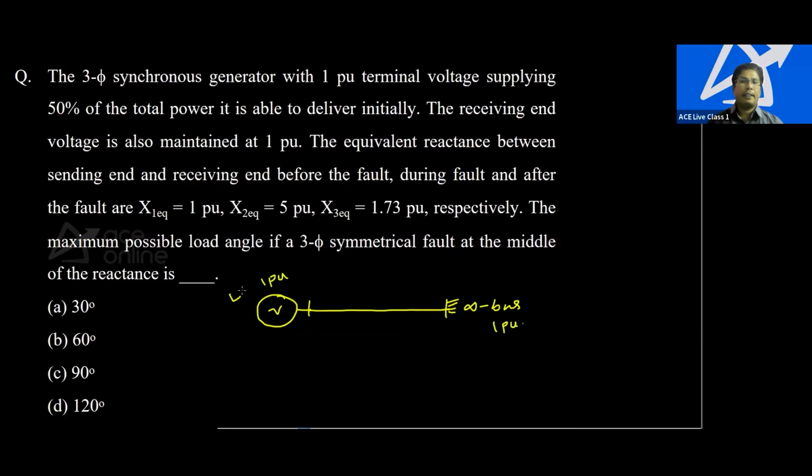So E is given as 1 per unit, and V is also 1. It is generally delivering 50% of the total power it is able to deliver initially. Right? So P1 is 0.5 times of PS1.